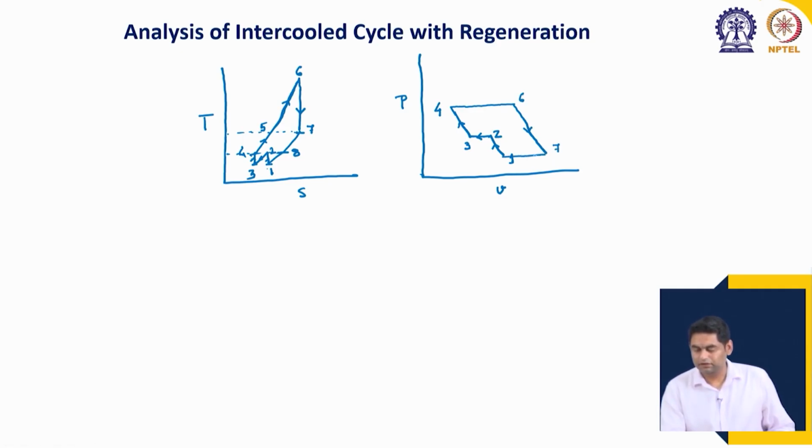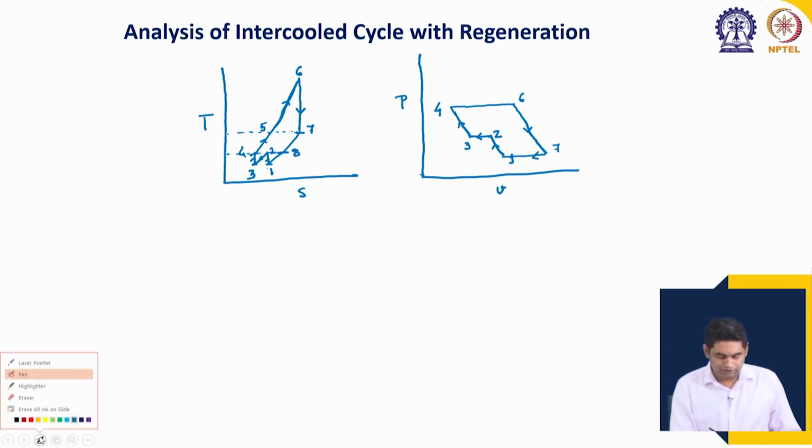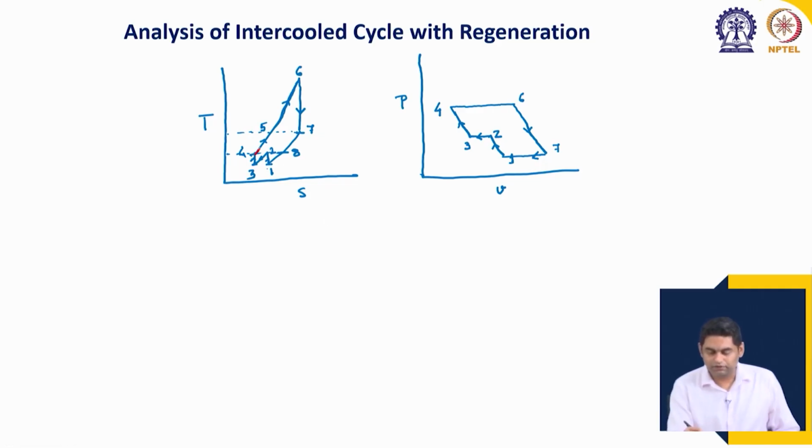and then we have not yet drawn the regeneration processes. So, if I draw by using another color. So, the regeneration here was constant pressure heat addition, okay, and that occurs by heat exchange from the other side, constant pressure heat removal.